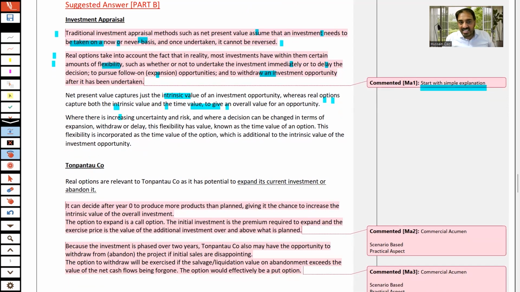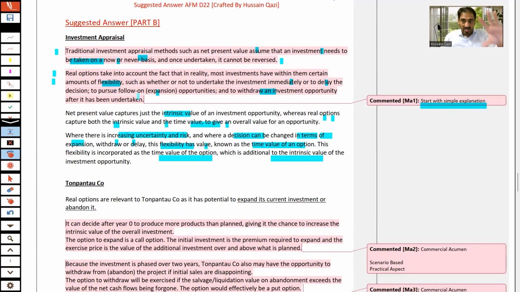Where there is increased uncertainty and risk, the decision can be changed in the form of expansion, withdrawal, delay. That is called flexibility, known as time value. So you have to mention that the time value reflects the flexibility. This flexibility incorporates the time value and additional intrinsic value. So time value adds to the intrinsic value, creating the total value of the project. This is the basic explanation you need to start with.